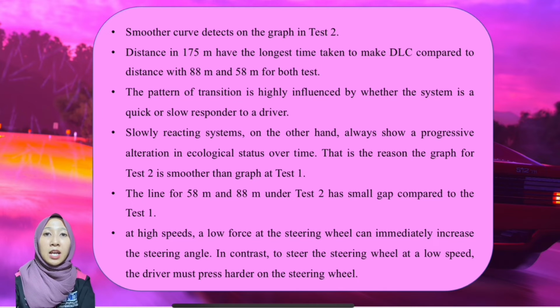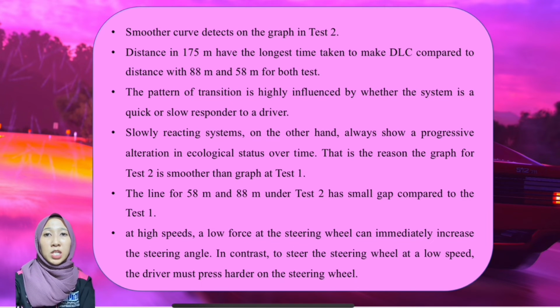And the line for the 58 meter and 88 meter gate entry under test 2 has a small gap compared to the result on test 1. This is because at high speeds, a low force at the steering wheel can immediately increase the steering angle.